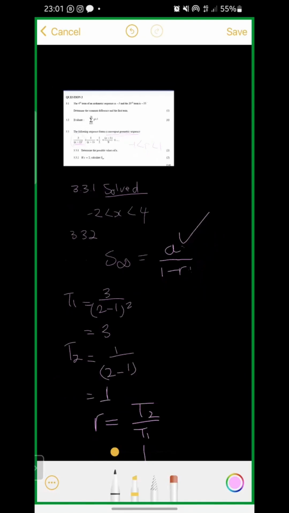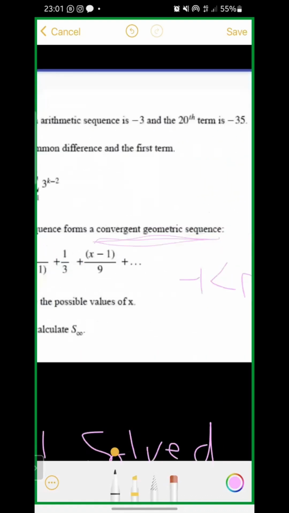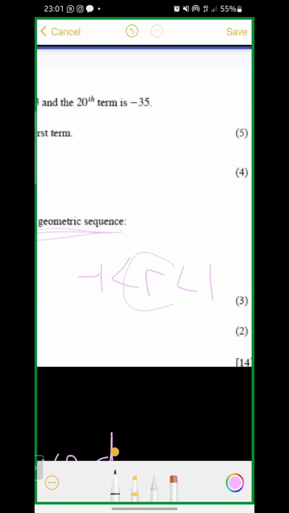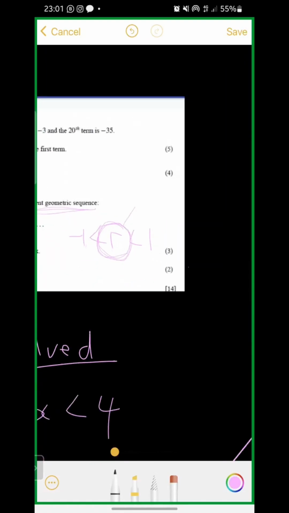Either way. Remember, our r at that time was in terms of x, so we could have taken that value and replaced our x with 2.